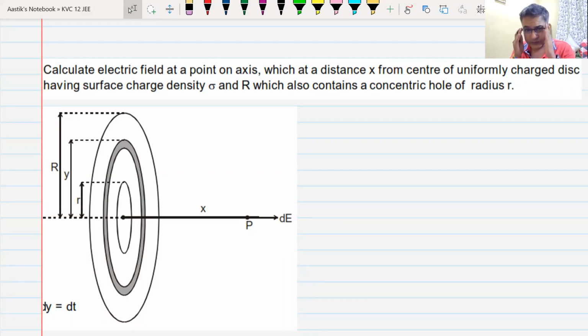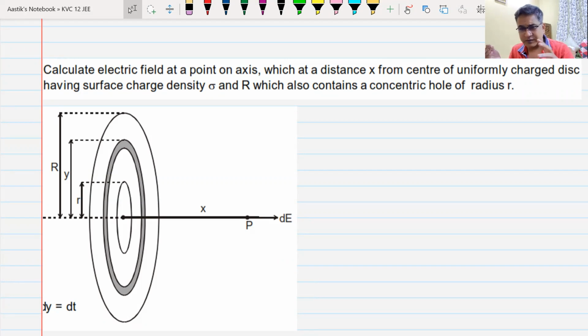Now remember, whenever you get a question on these holes, you might get some questions. This question could be asked in the center of mass chapter. You might have a disk with a hole, and you have to find the center of mass of the remaining disk.